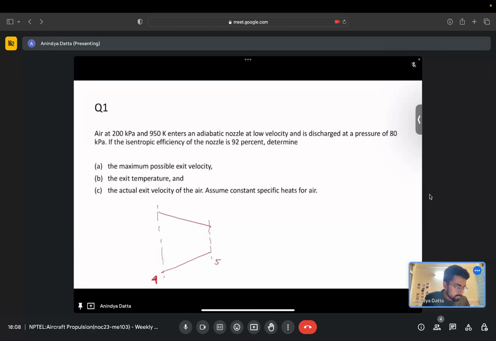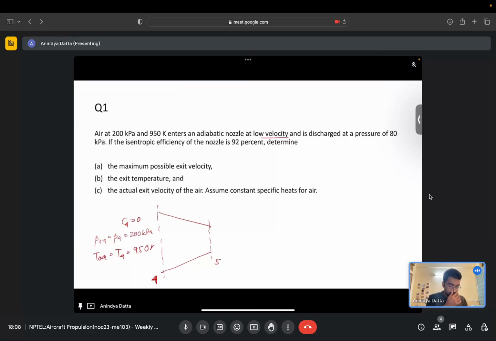It says a very low velocity, so you can assume that c4 is 0, which means the total pressure is equal to the static pressure, which is 200 kilopascal, and the total temperature is equal to the static temperature, 950 Kelvin.